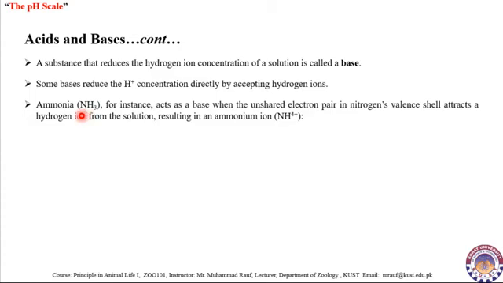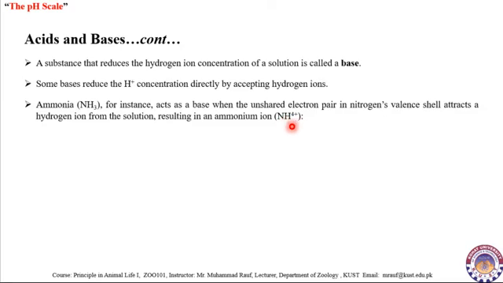So the addition of ammonia resulted in a decrease in the population of free hydrogen ions because some of the hydrogen ions were bound to ammonia to form ammonium ions.